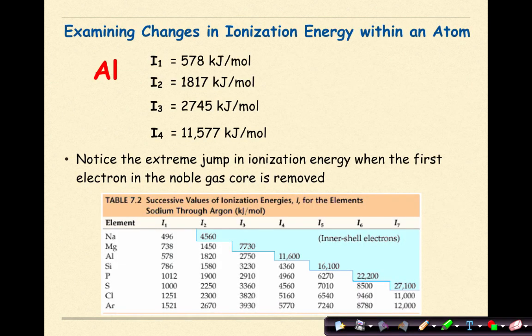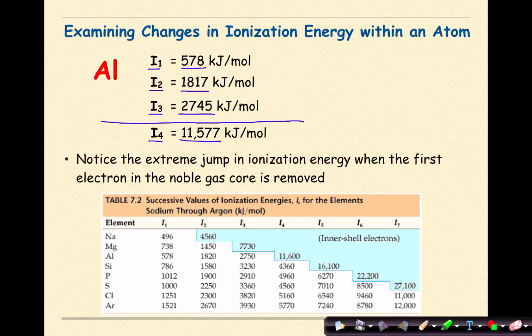Examining changes in ionization energy within an atom. Aluminum has a first ionization energy of 578, a second of 1,817, a third of 2,745, and a fourth of 11,577. So you could say to yourself, wow, there's a pretty big jump between these 3 ionization energies and this 4th one.